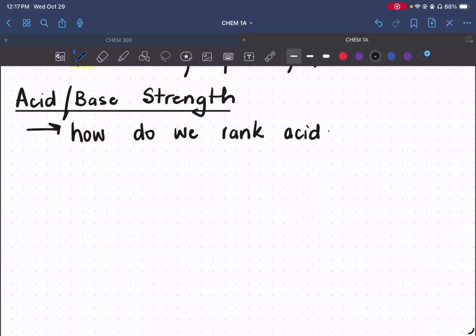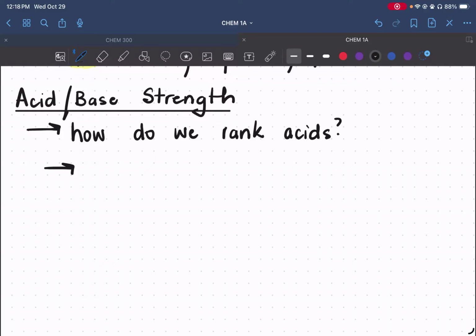A lot of us may know in our day-to-day language that some acids are stronger than others, some are weak. You've probably heard in television or movies that corrosive acid burned through stuff. But not every acid is that corrosive. Not every acid is going to burn through things. So how do we rank acids?